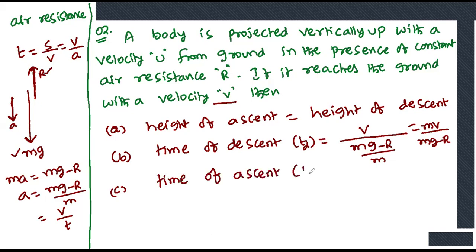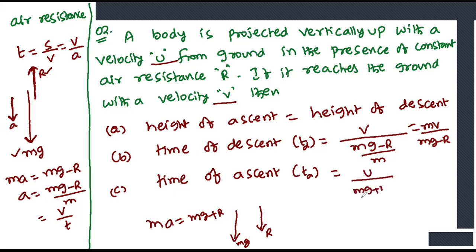Time of ascent. Gravity is acting downwards and air resistance is also acting downwards. So ma equal to mg plus r. So time of ascent equal to moving with a velocity u by mg plus r by m, that is mu by mg plus r.